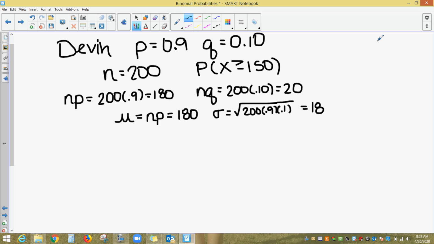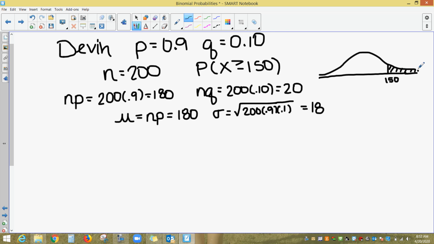Now, on my standard normal curve, I want to know the probability that Devin makes 150 or more of his free throws when he's shooting 200 of them. So, 150 or more.